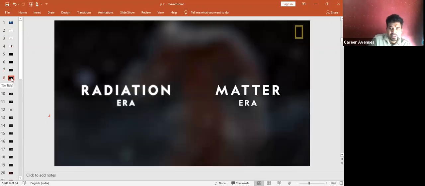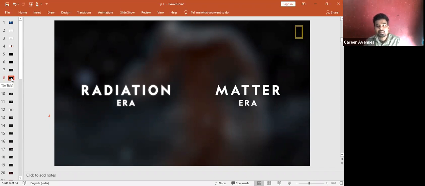So then we have two eras after the Big Bang. The first era is called the radiation era. Over there we have radiations, electromagnetic energies, electromagnetic waves, but there is no matter at all. So we have light at that point of time, but there is nothing to occupy space.